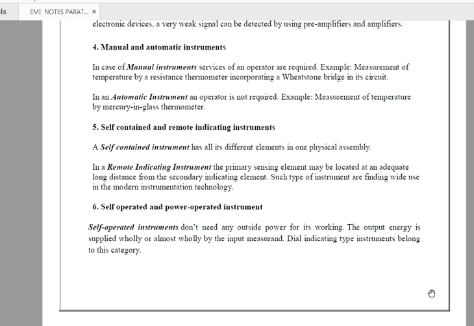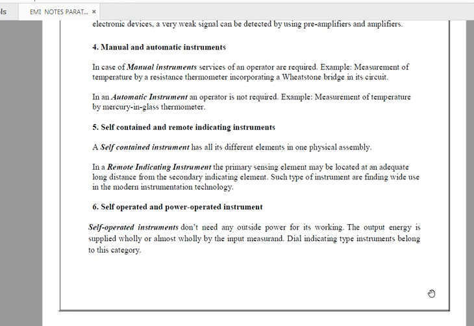Such types of instruments are finding wide use in modern instrument technology as remotely controlled indicating instruments. Then the sixth one is self-operated and power-operated instruments. A self-operated instrument does not need any outside power for its working.